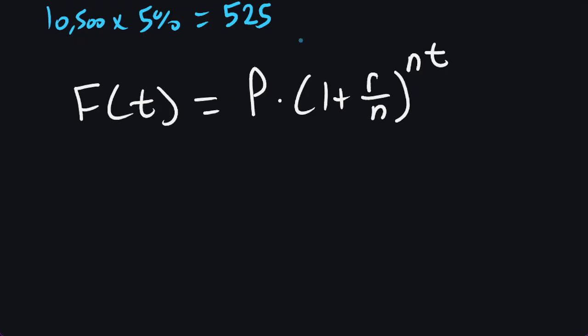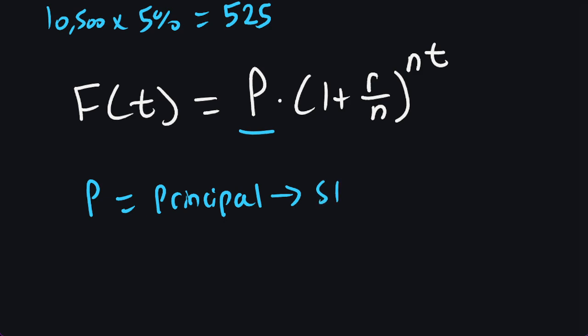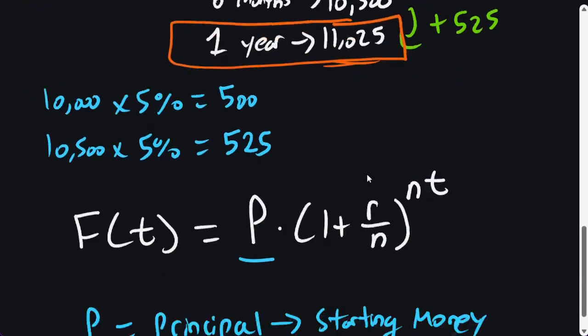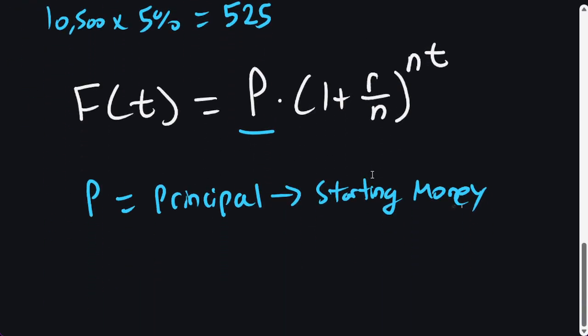So p is the principal, which is the money you start with. So in our example above, $10,000 is how much we started with in year 0. That is our principal.